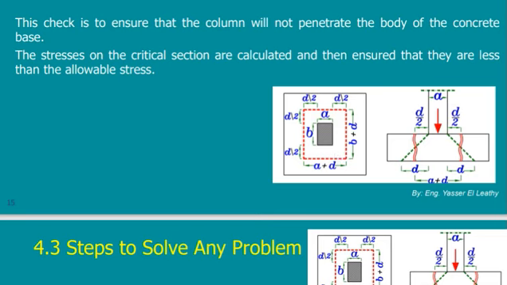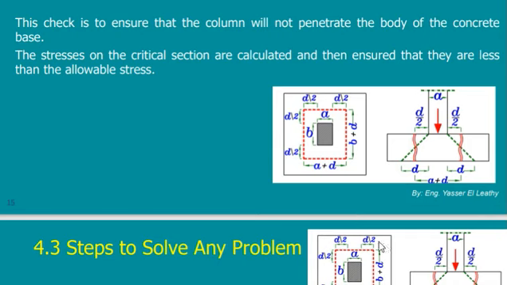So now we go d by 2 all around the column, and this is the area that will be resisting my punching. And as we said, where is the area? It is this broken line that is a rectangle, multiplied by the depth of the footing. This is the area that is resisting my shear.